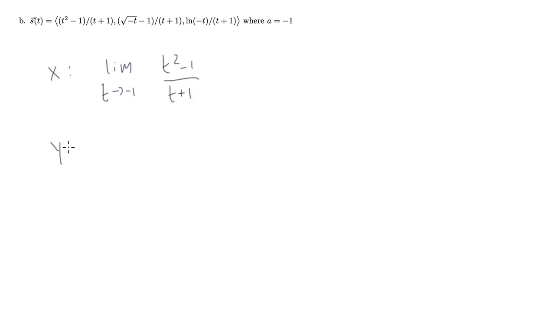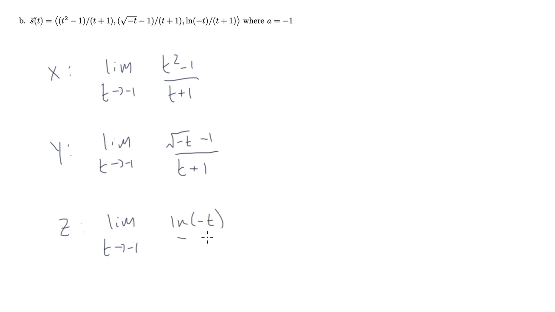We want the limit as t approaches -1 of square root of -t minus 1 over t plus 1, and then the same thing for the z component function, log of minus t over t plus 1.